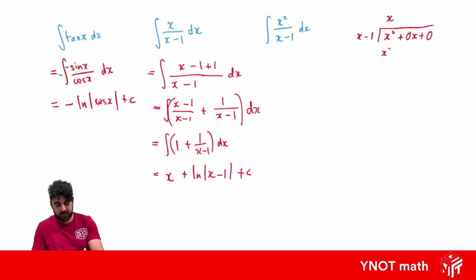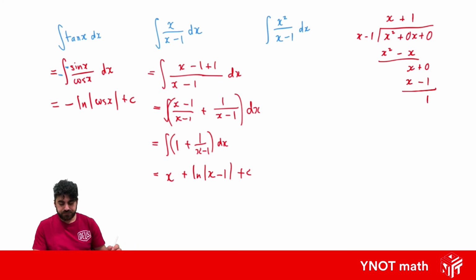Multiplying it out gives us x squared minus x. Doing the subtraction, 0x minus minus x gives us x. Dropping it down, x goes into x one time. Multiplying it out gives us x minus 1, and 0 minus minus 1 gives us 1 for our remainder.